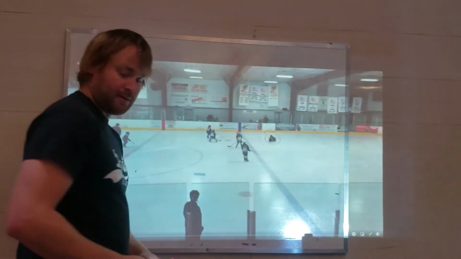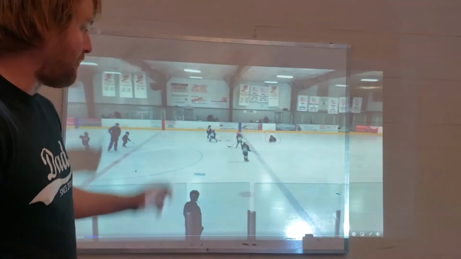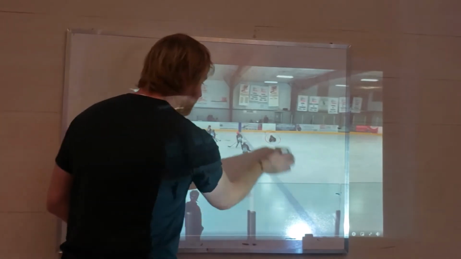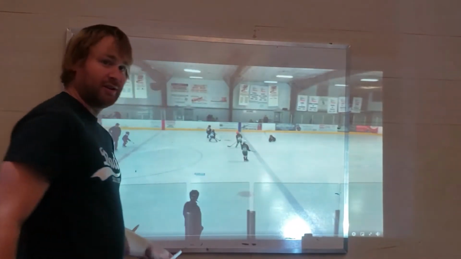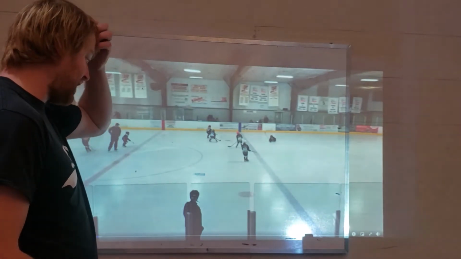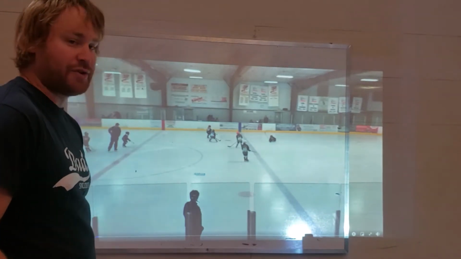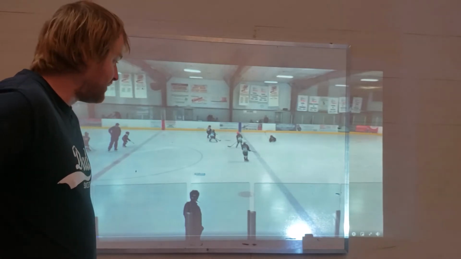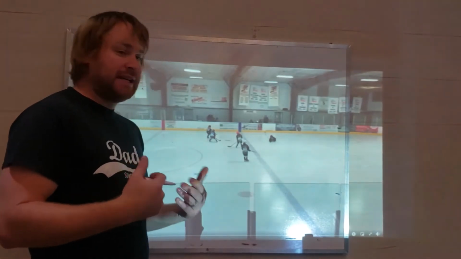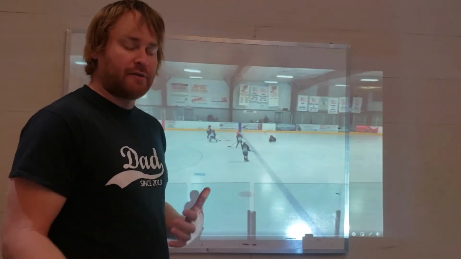Now, the other thing I want you guys to see here, check this out. Riker, on the ice. That was another big thing that was consistent throughout the whole game. You guys were falling down so much. Okay? And we do these battling drills and conditioning skates and everything to keep you guys on your feet. I feel like I was too lenient with everyone when I said it's okay to fall down.